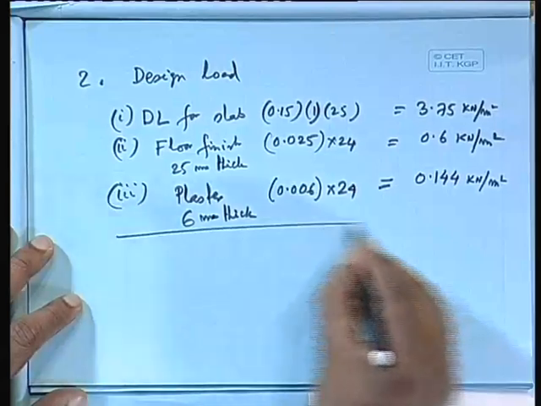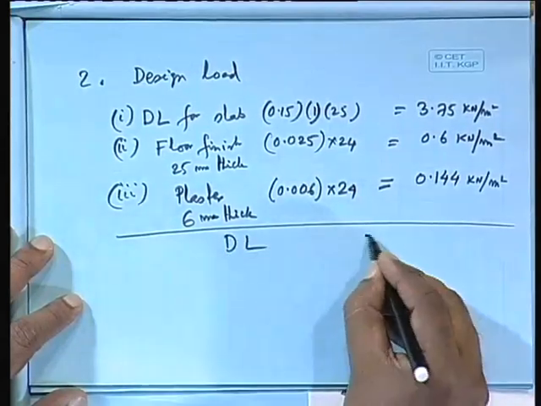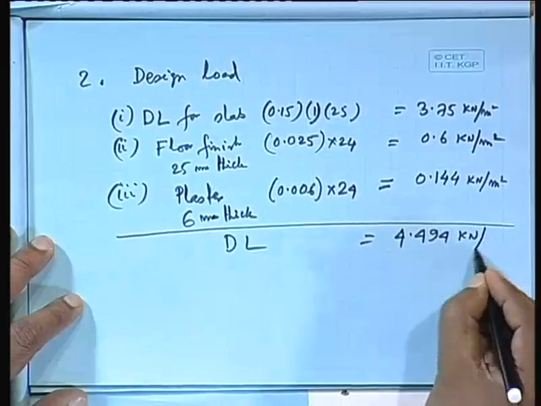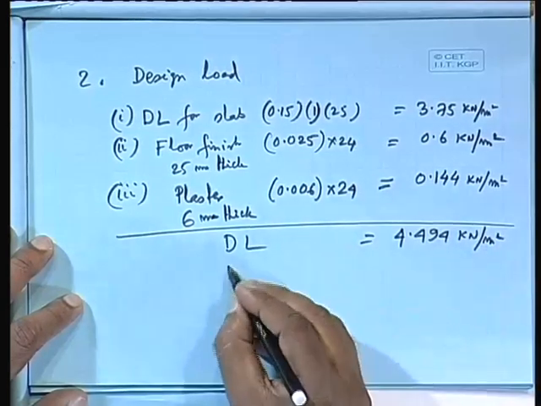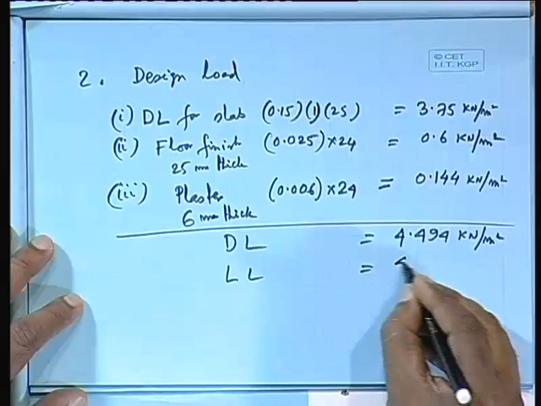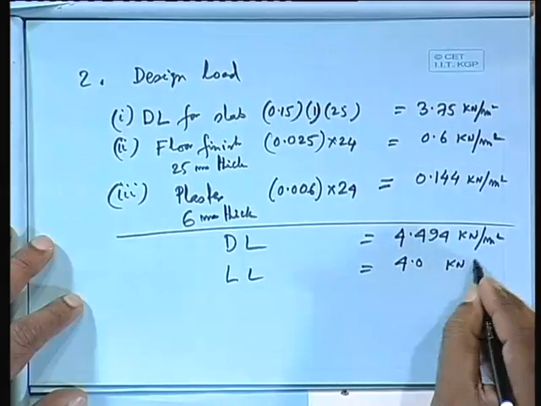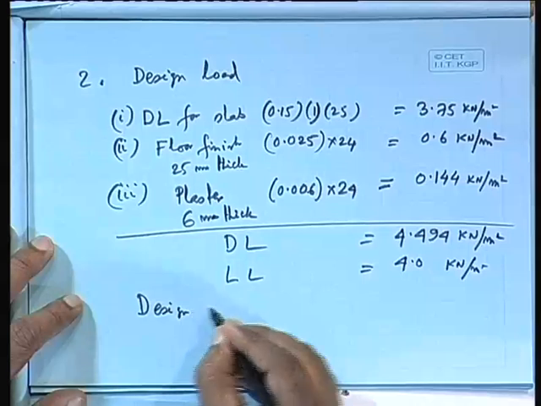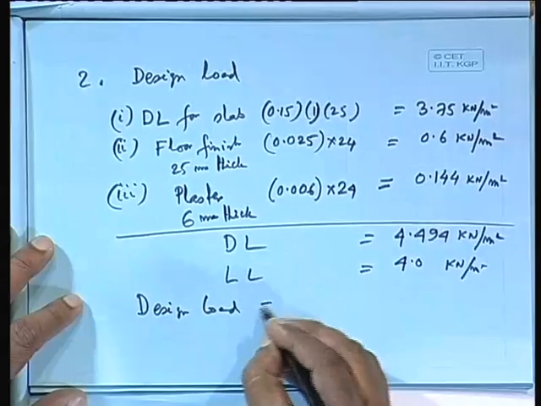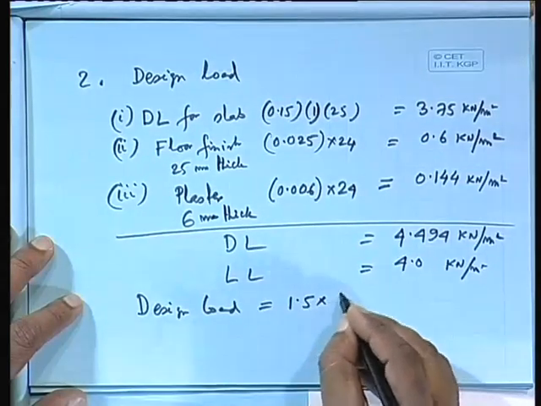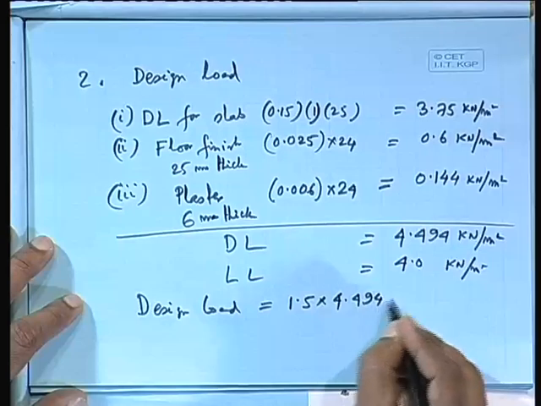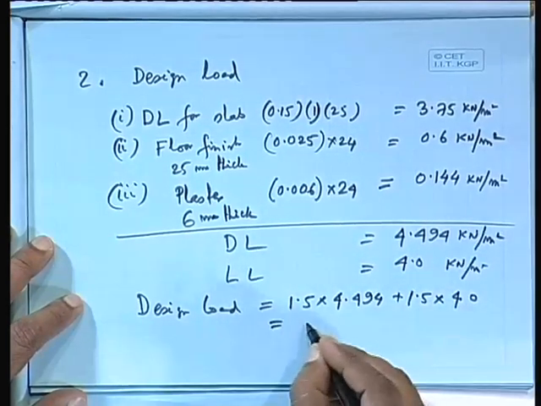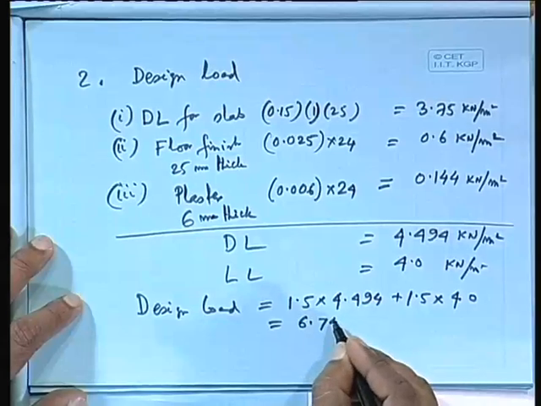So we can get the total dead load equals 4.494 kilonewton per square meter, and live load is 4 kilonewton per square meter. So design load equals 1.5 times 4.494 plus 1.5 times 4.0.